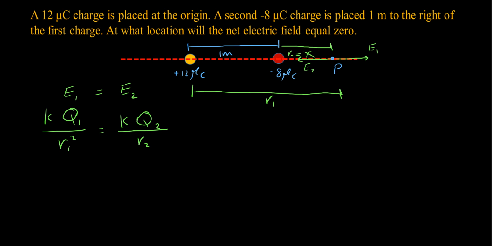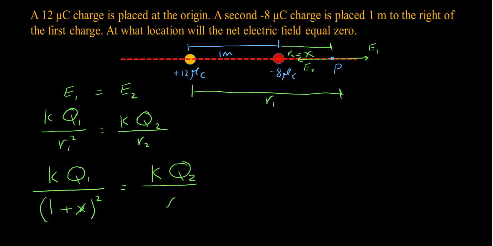Let's replace the values. That's k Q1 over (1 plus x) all squared equals k Q2 over x squared. We can eliminate the constant k.